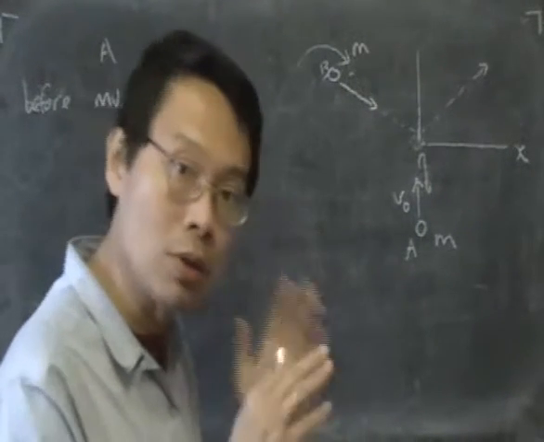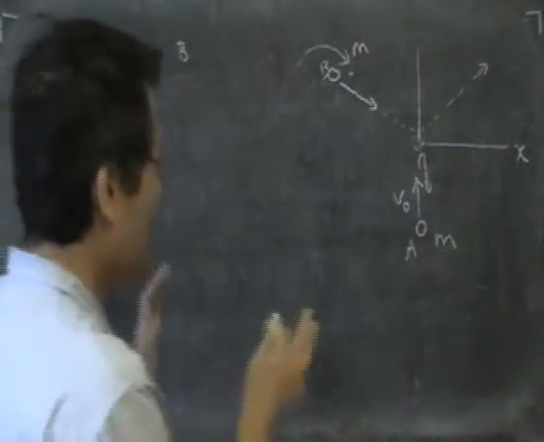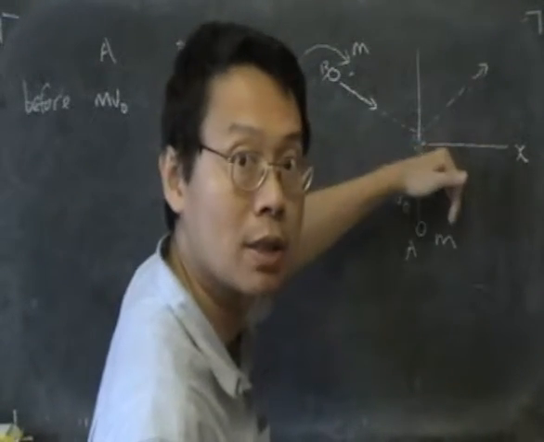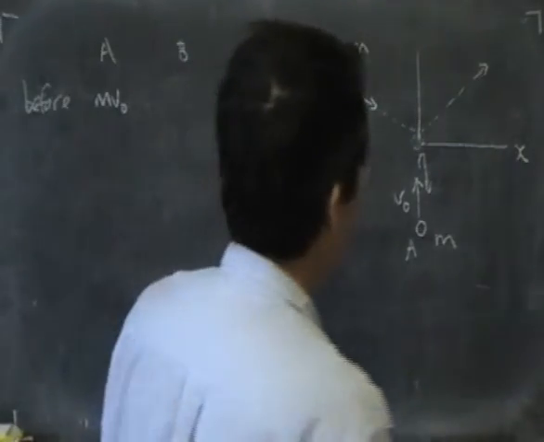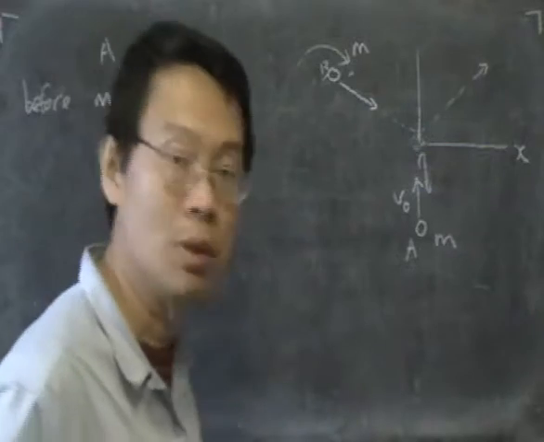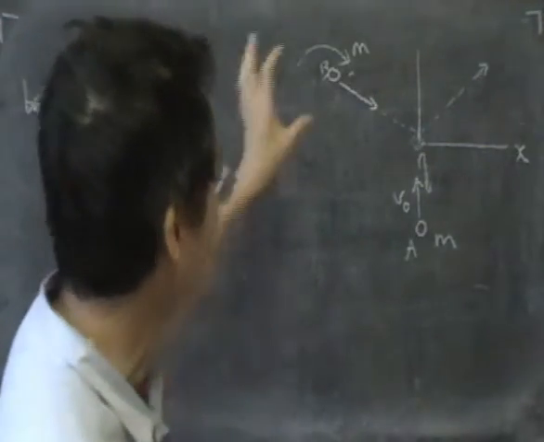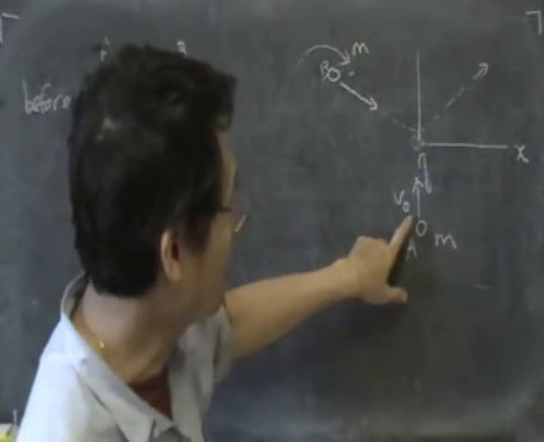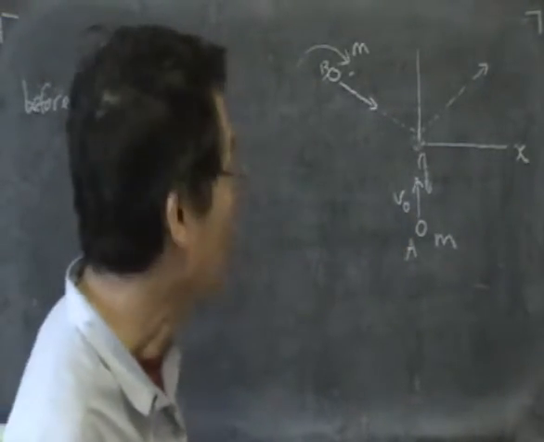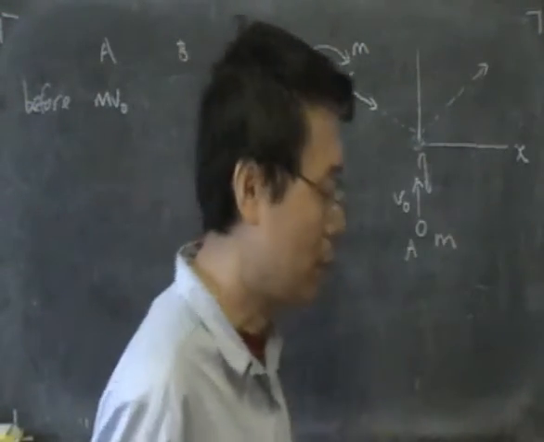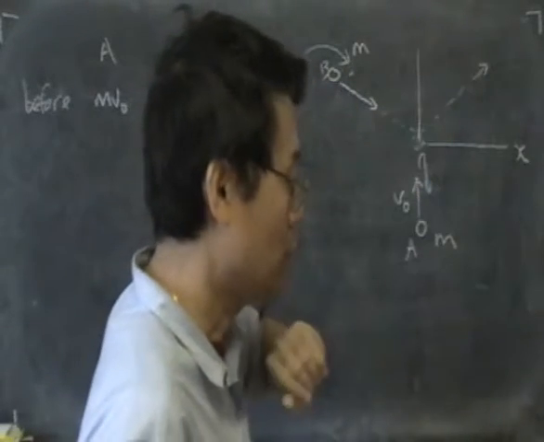But I can equally well have chosen another frame of reference in which I moved with B, so that it is B that would be moving vertically down and up, and A would be moving at an angle. That's possible because we have a symmetrical situation. So if I'm in the moving frame of B, I would expect that B would have the same speed v0, since it's completely symmetrical. So in that moving frame for B, we have the velocity v0.